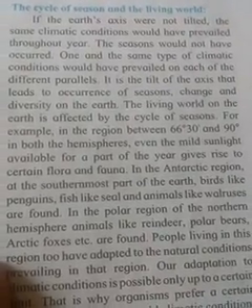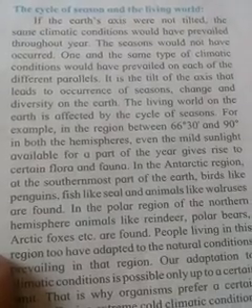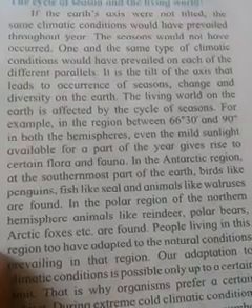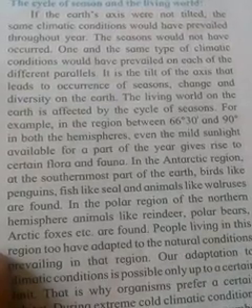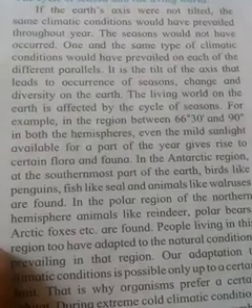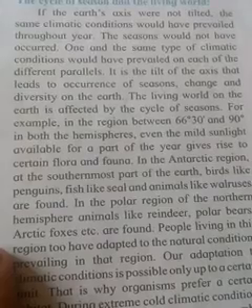It is the tilt of the axis that leads to the occurrence of the seasons. Because of this tilt of the axis, that means the moving of the axis, the seasons occur, and there is change and diversity on the earth.